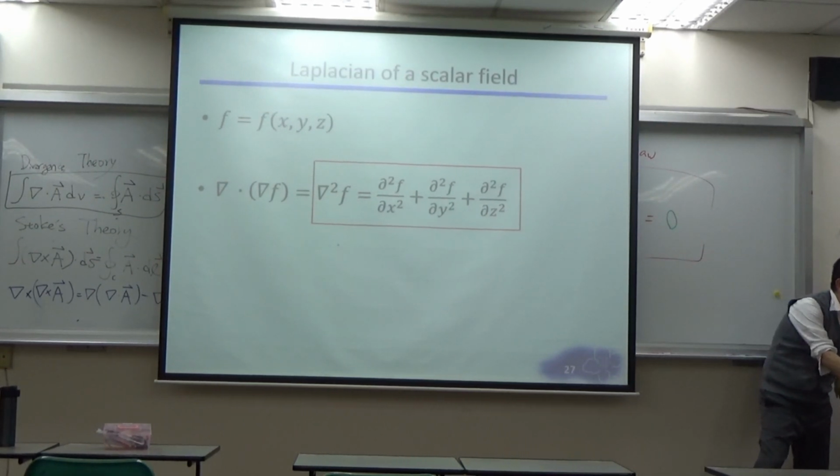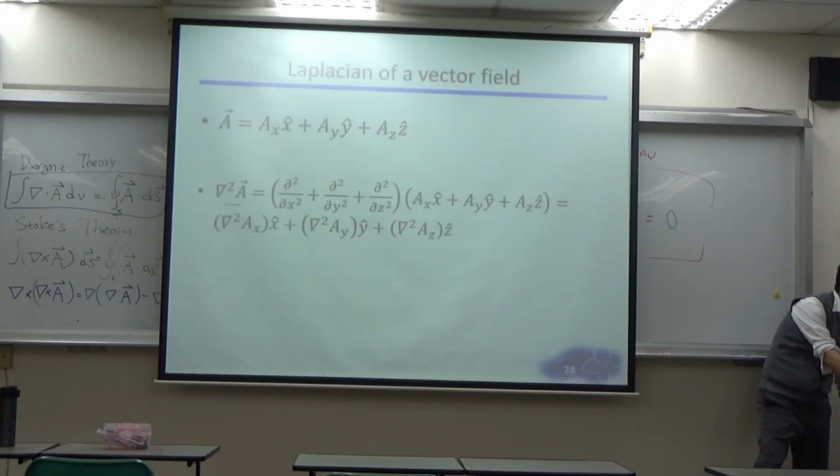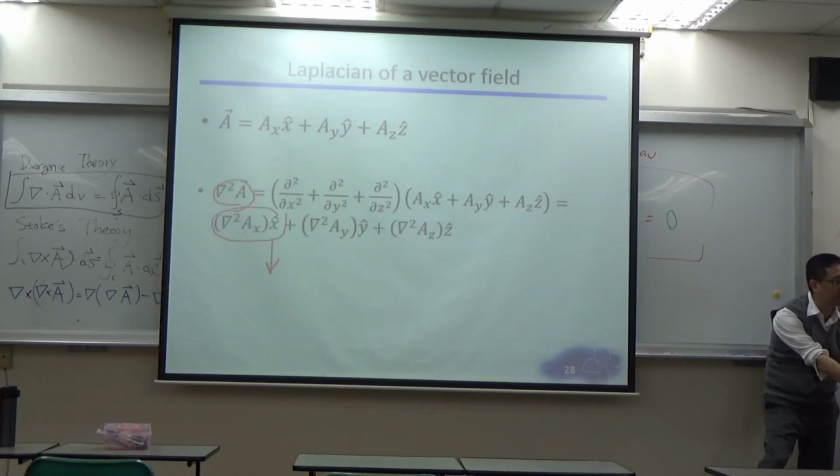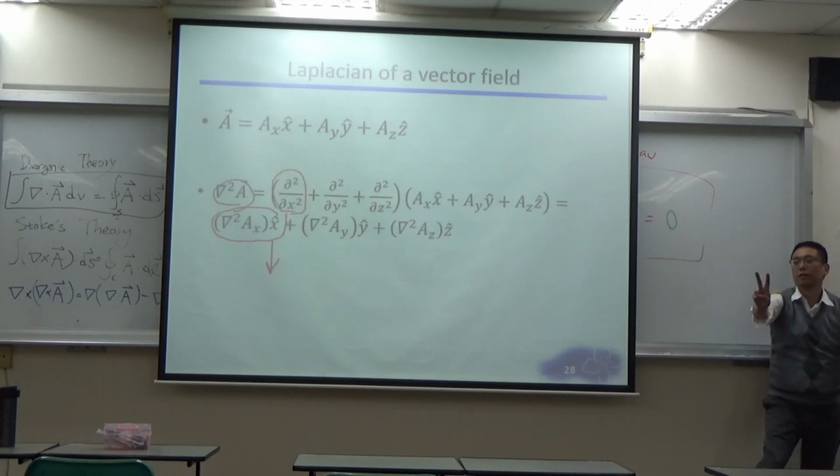Laplacian. So this is to understand what this is for, and what it is for this vector. If you have the directions x, y, z, you need to take the Laplacian of x, y, z. You need the component, take the second order partial differential with respect to x, plus y, plus z.